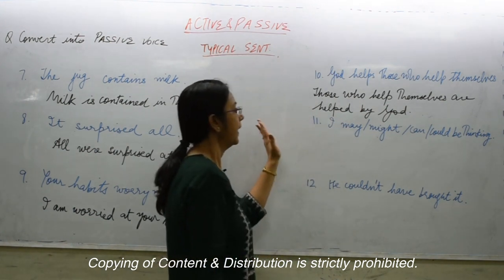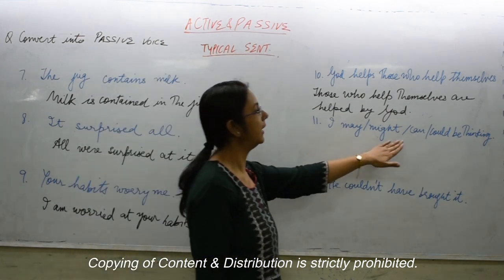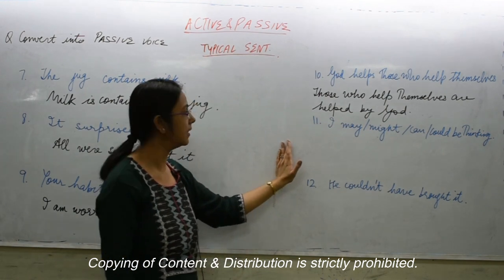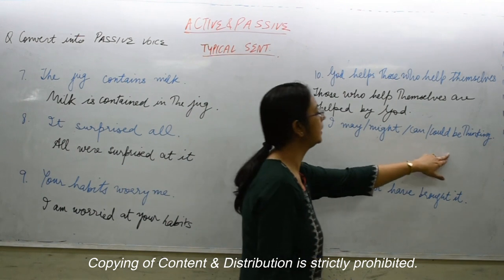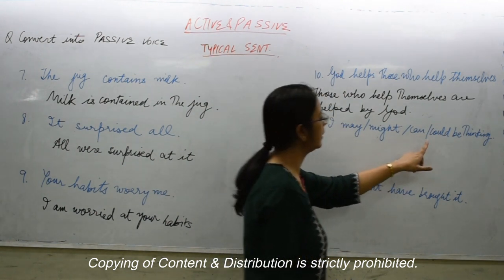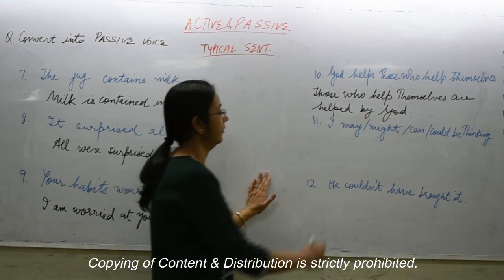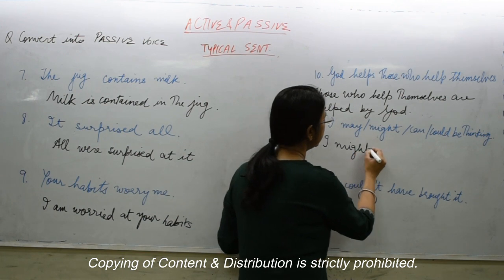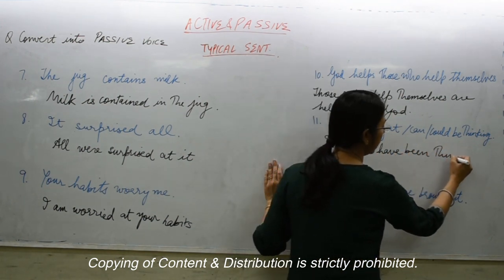Now, whenever a sentence has may, might, can or could, in these sort of sentences like I may be thinking, or I might be thinking, or I can be thinking, or I could be thinking, we change them into I might have been thinking.